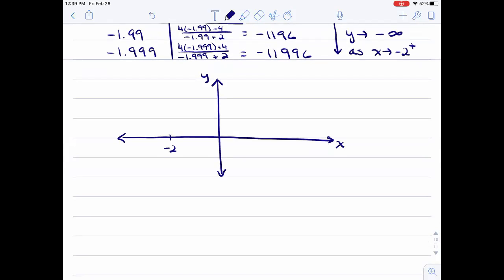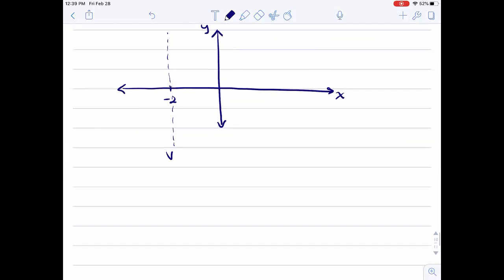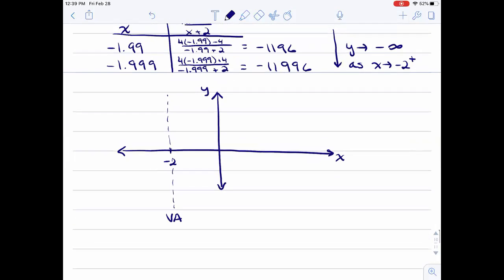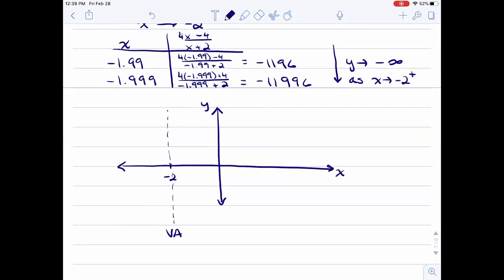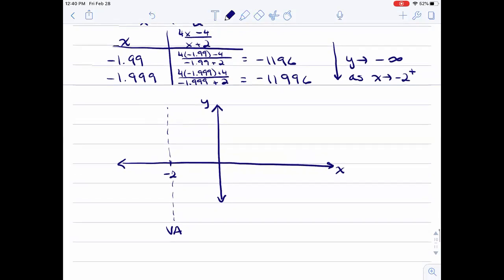Here at -2, we've got this vertical asymptote. And we don't know where it's going to be centered, but let's assume it's centered on the x-axis for now, because we haven't done any work to figure that out.